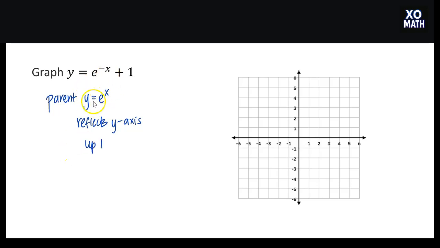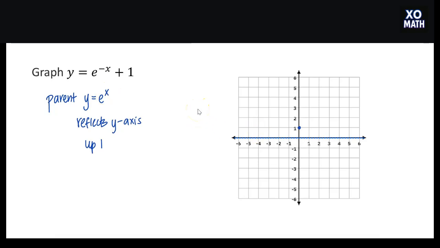Now let's start graphing. The parent function, y equals e to the x, is an exponential function, and it has a horizontal asymptote along the x-axis. Now to graph y equals e to the x, we should know that it's going to pass through the point 0, 1, because if I plug in a 0 into x, e to the 0 is 1. And if I plug in 1, I'm going to just get out the value of e.